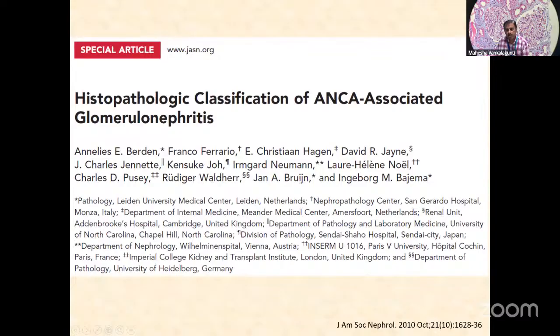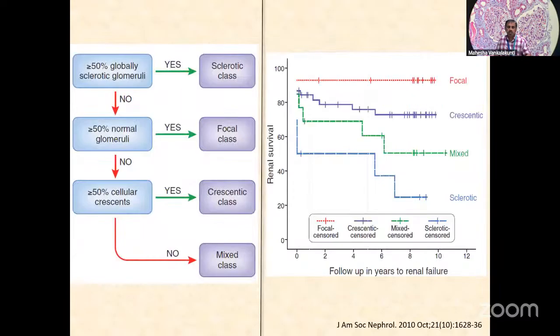So the renal prognostication is more based on this article, which we follow across the globe, and this introduction of the classification of Berden's way of approach has given a more prognostic value to the categorization of crescentic glomerulonephritis.